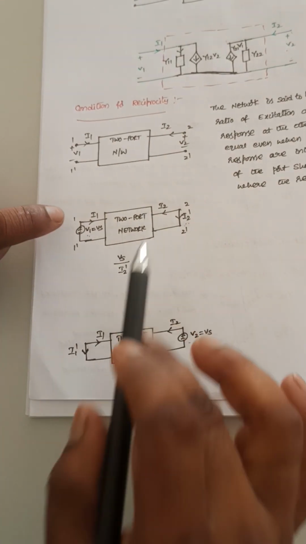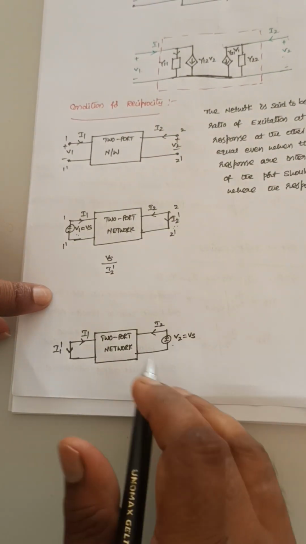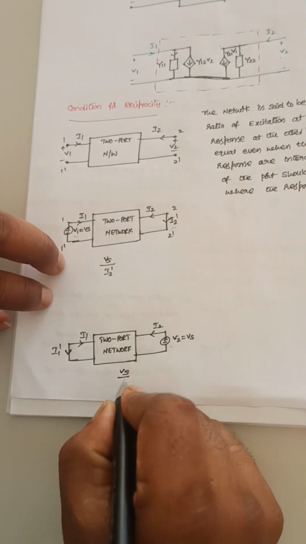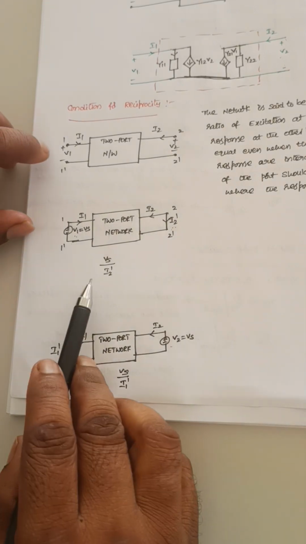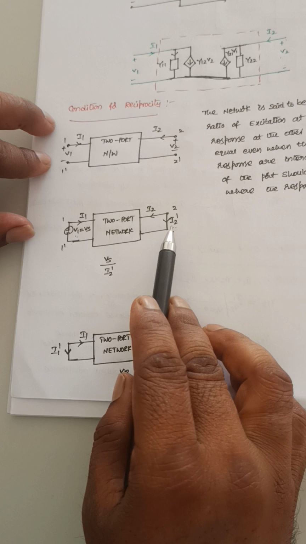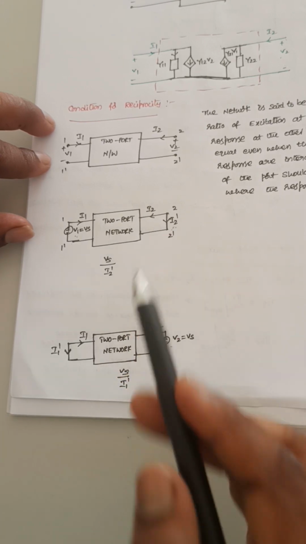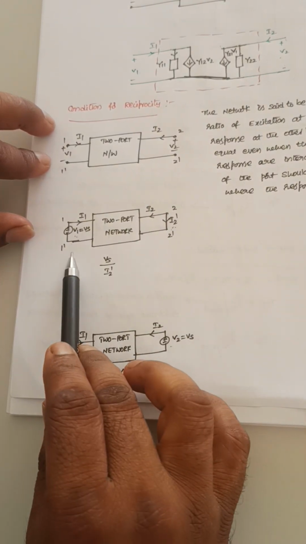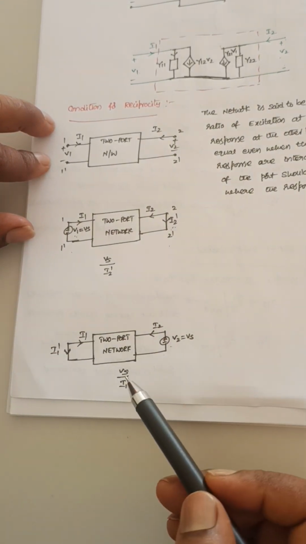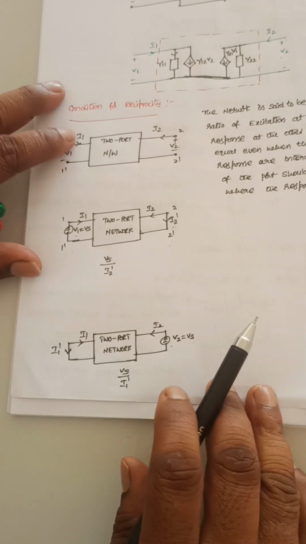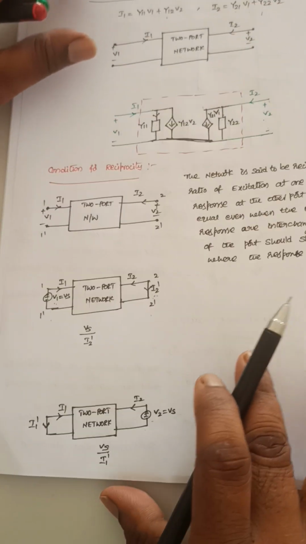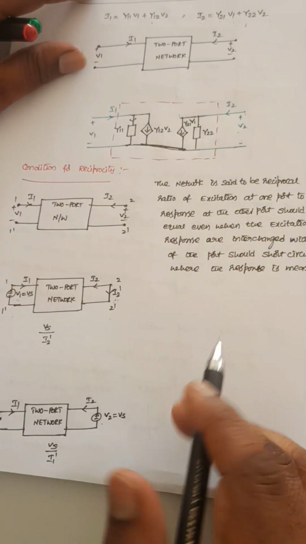What I mean to say is, according to the reciprocity theorem, this Vs by I2 dash should be equal to this Vs by I1 dash. The ratio of excitation at one port to the response at the other port should be equal even when the excitation and response are interchanged. That means Vs by I2 dash is equal to Vs by I1 dash. From that I am able to find the condition for reciprocity in terms of these Y parameters.